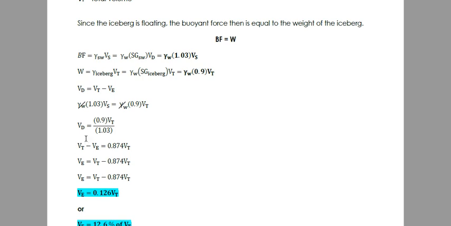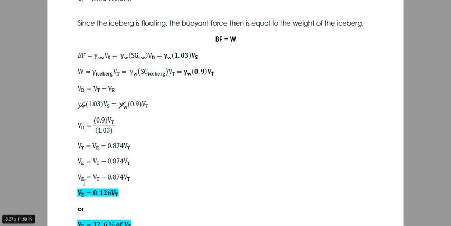So the total volume minus exposed volume is equal to VD, which is equal to 0.9 over 1.03 VT. So, i-transpose natin yung VT dun sa right side ng equation.